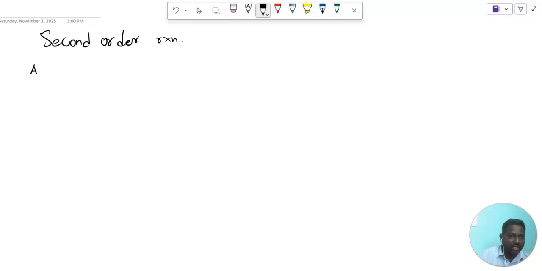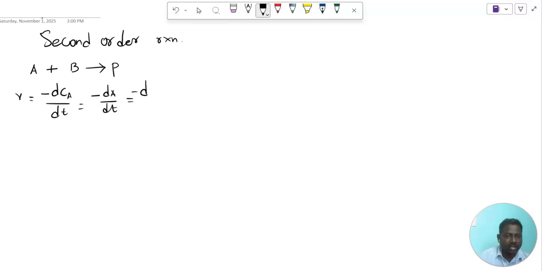Two different reactants. Let us consider a general reaction, A reacts with B, gives product. So how can we write the rate expression for this? R is equal to minus dCA by dt, or simply you can write minus dA by dt, because here we are dealing with two different reactants, so it is better to write it in a simple way: minus dA by dt, minus dB by dt, dP by dt.